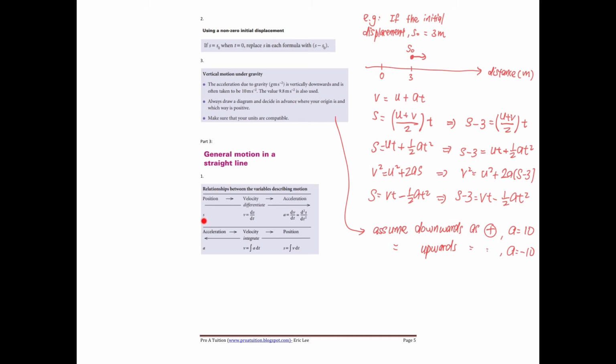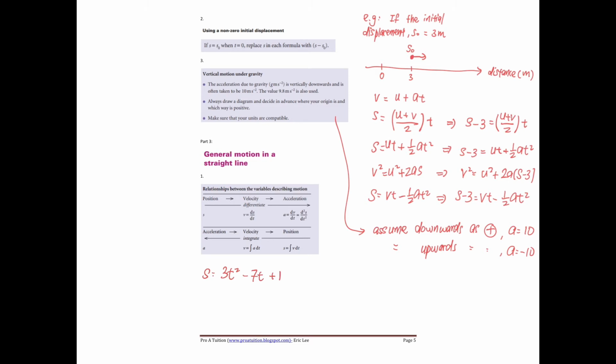So you differentiate the displacement, ds dt, you differentiate with respect to time, then you will get velocity. So of course the displacement is given in terms of t, for example, s equal to 3t squared minus 7t plus 1.